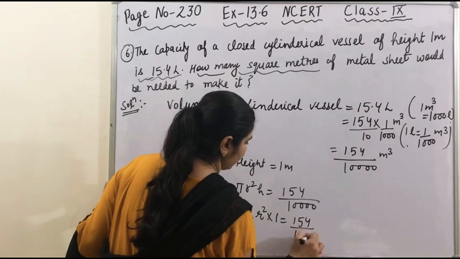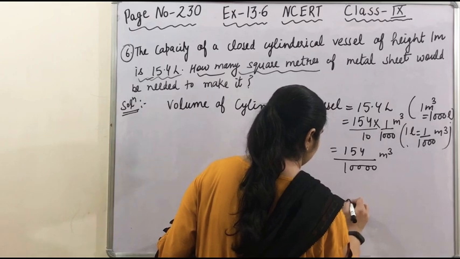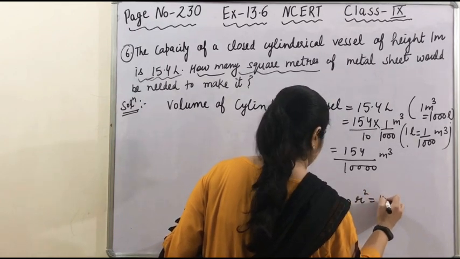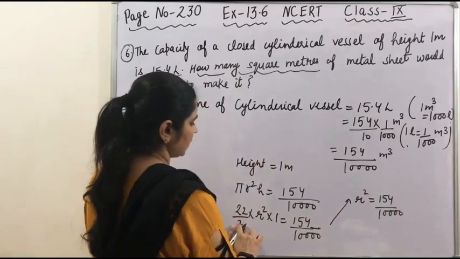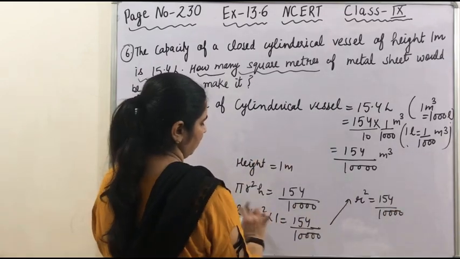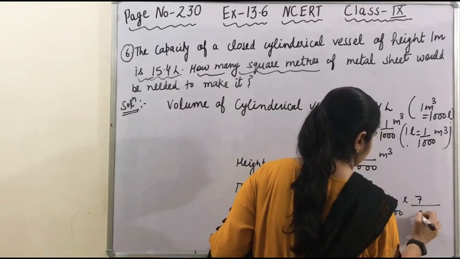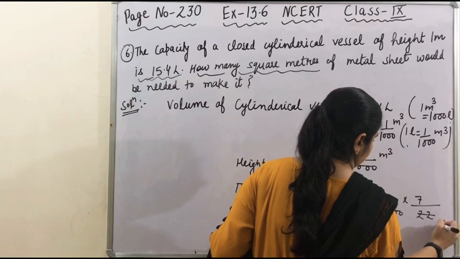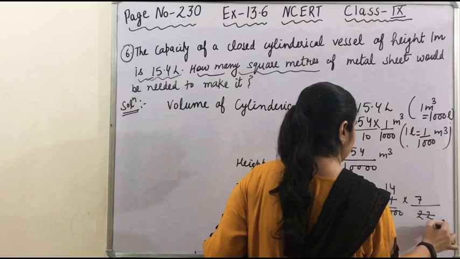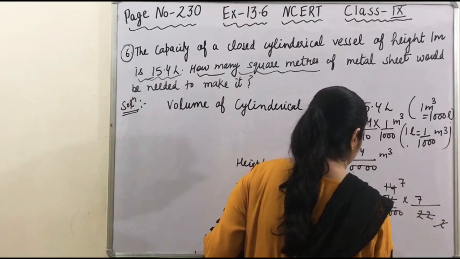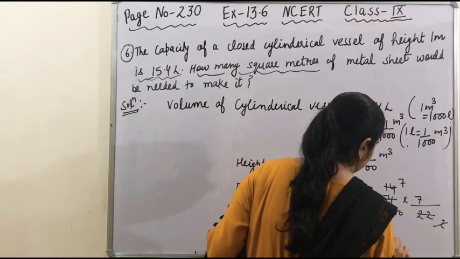So r square is equal to 154 by 10,000 into 7 by 22 into 7 by 22. 11 2s are 22, 11 1s and 4s, 2 7s. r square is equal to 49 by 10,000.